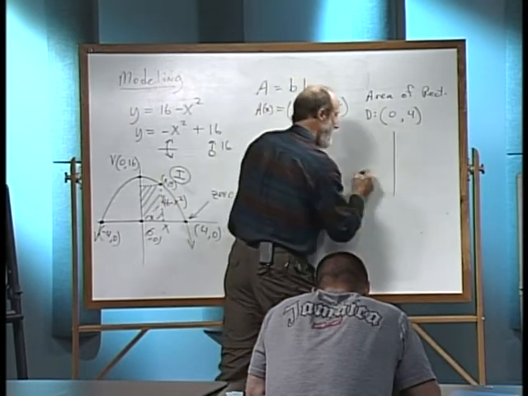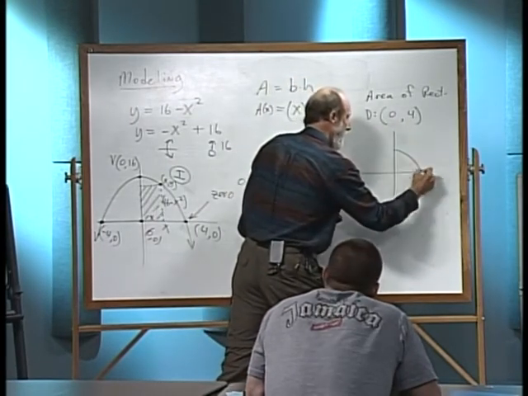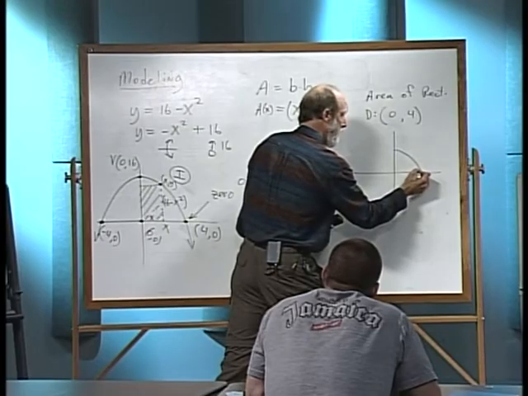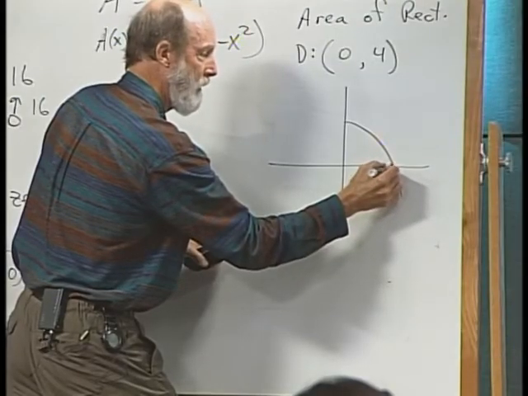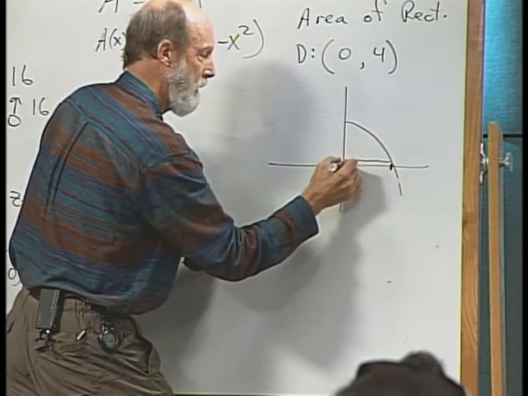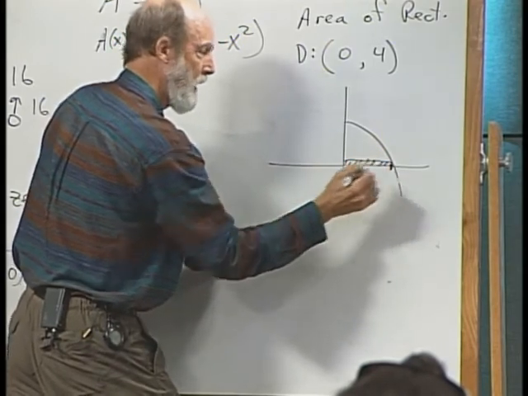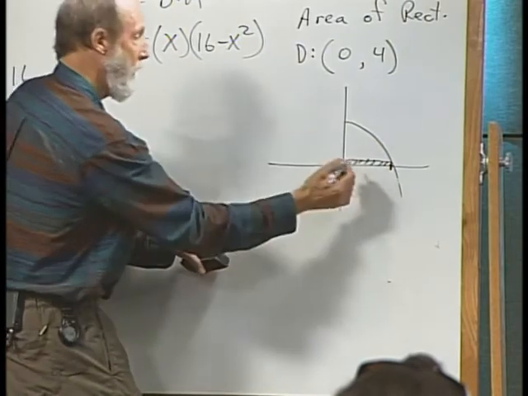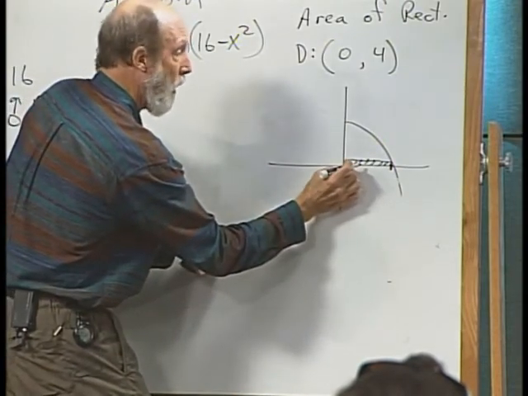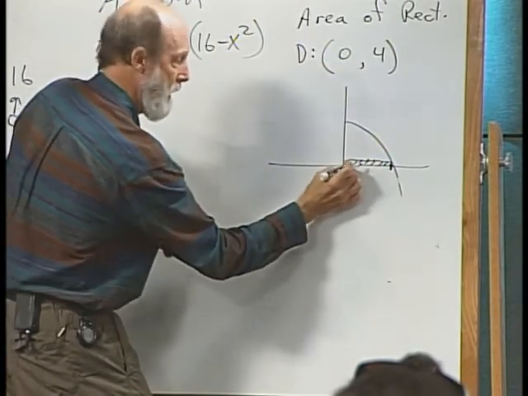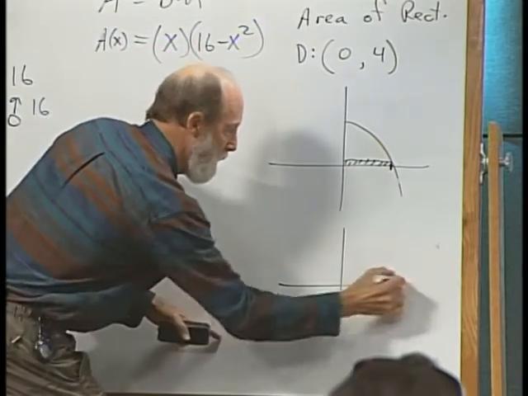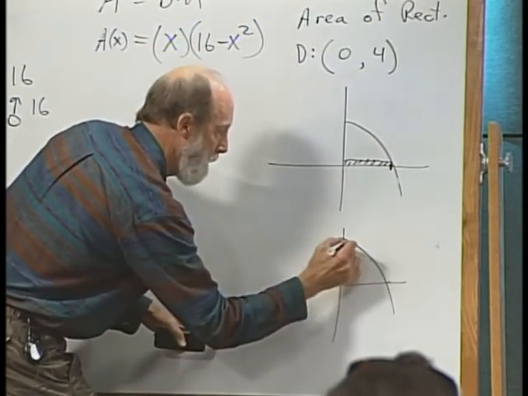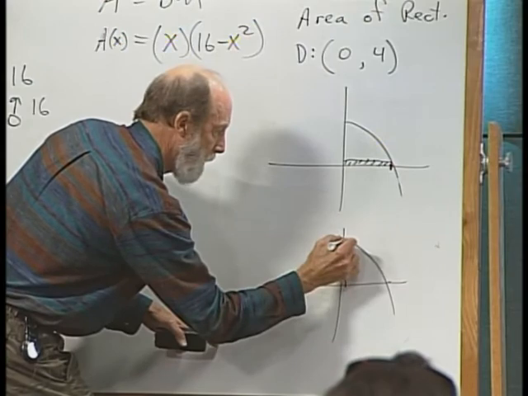If this thing was out here near 4, what if the base was out here near 4? Wouldn't it look something like that? Very flat. And what if the base was very small, like near 0? Wouldn't it look something like this?